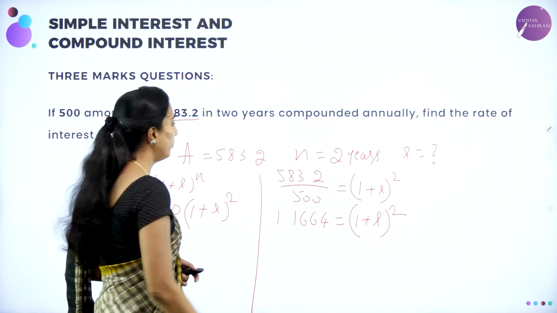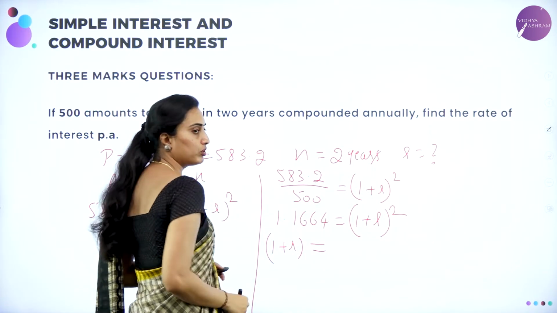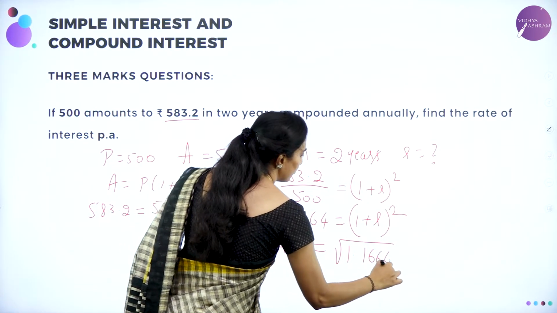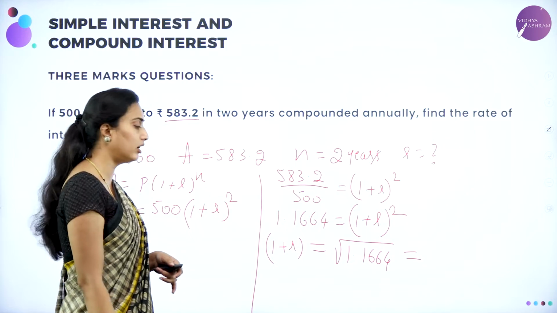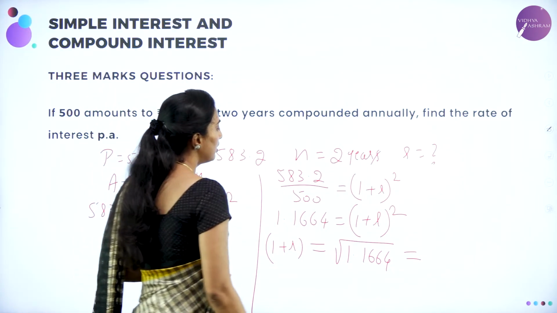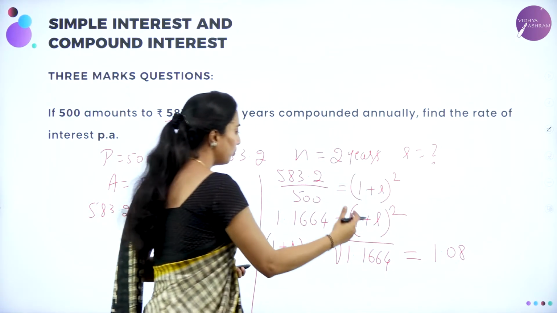Now 1 plus R whole squared, take the square root on both sides. So the square root of 1.1664, you can calculate in a calculator. 1 plus R is equal to 1.08.